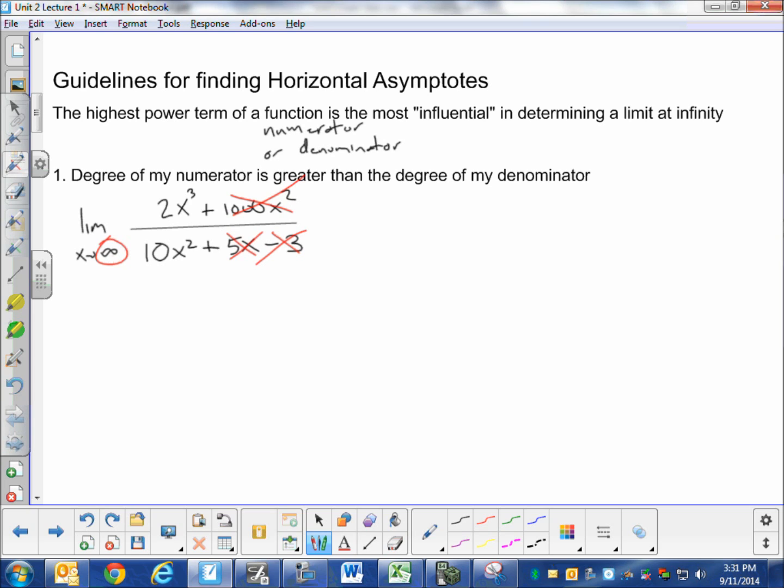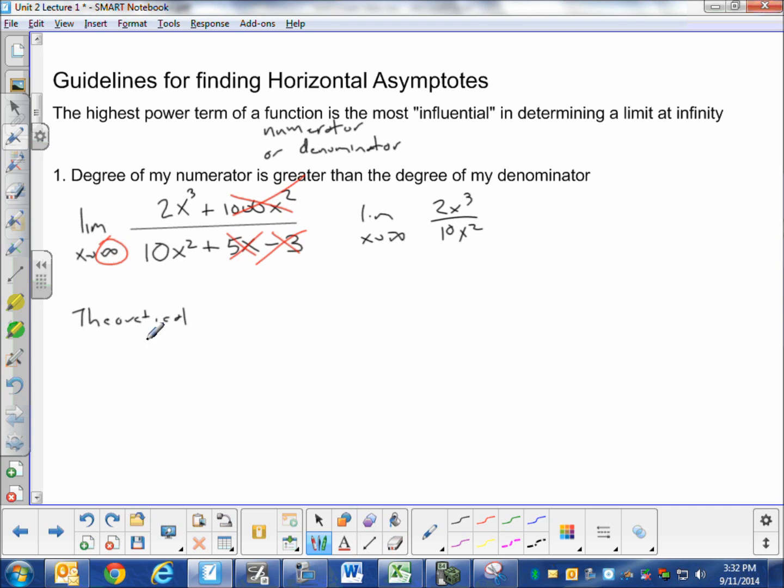Good. Now, if we think about it, we end up with this limit. 2 ways to do this. You can either just think about it theoretically, or you can do it a little bit algebraically. Theoretical, I'll do first.